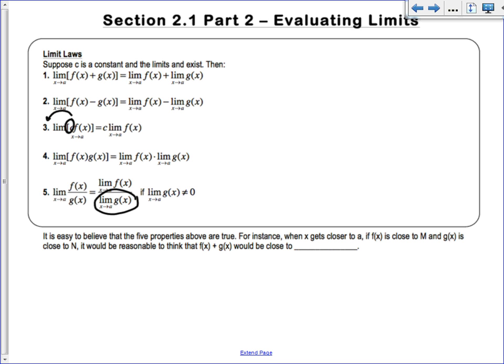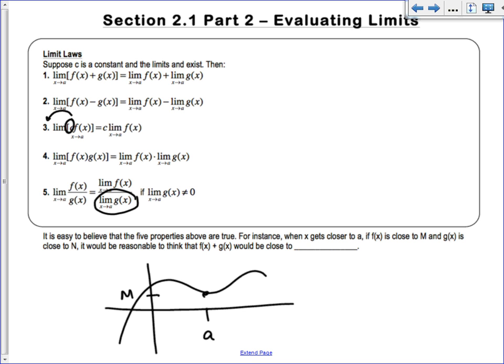For instance, when x gets closer to a, let's say our function f is close to some value m, and g of x is close to n. If you add f of x and g of x, you're basically adding the y values.